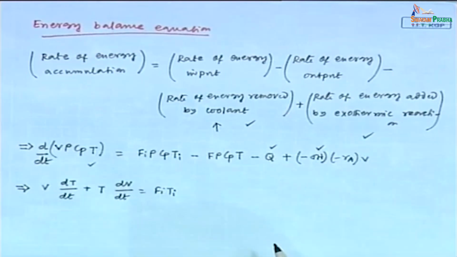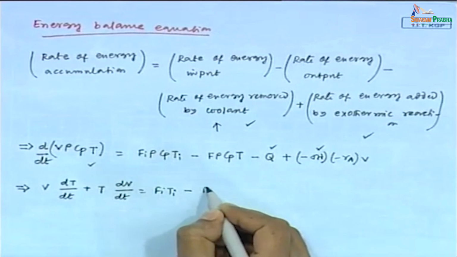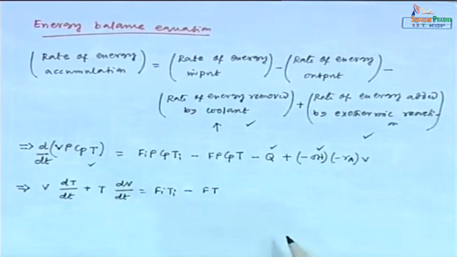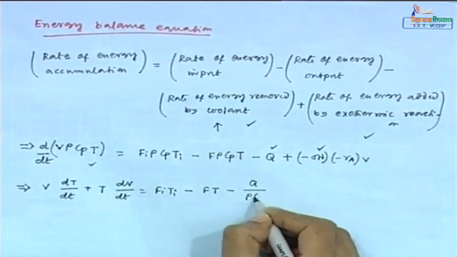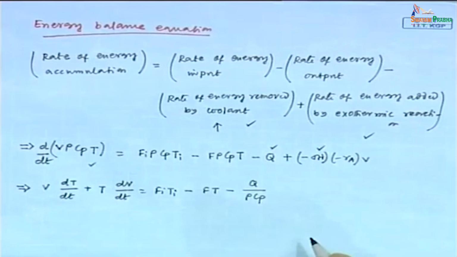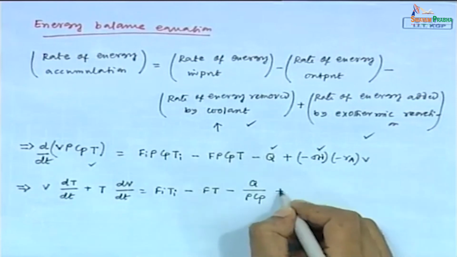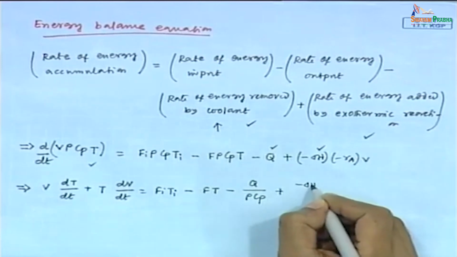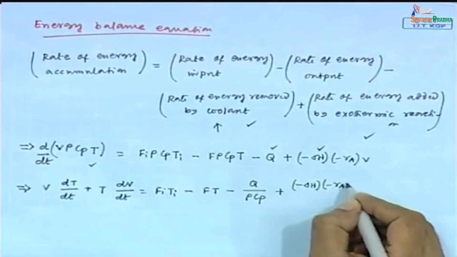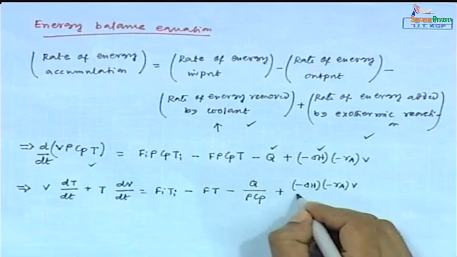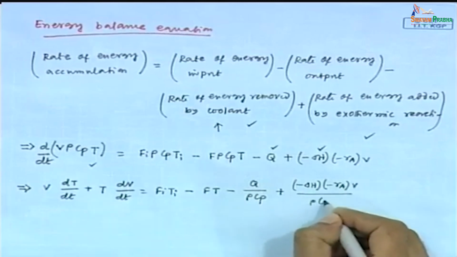Since we are dividing both sides by rho Cp, the next term is F multiplied by T, then Q divided by rho Cp, and finally minus del H minus Ra V divided by rho Cp.